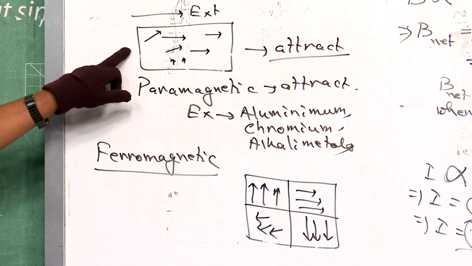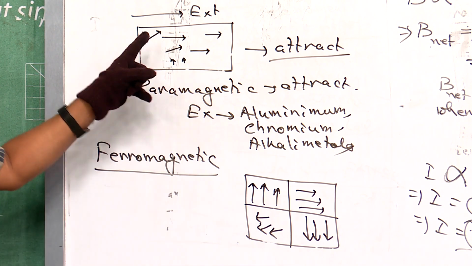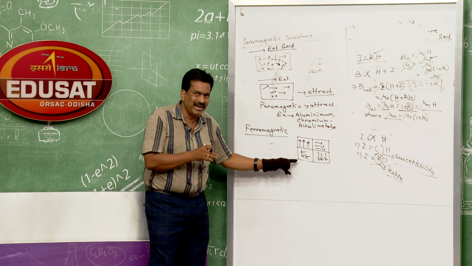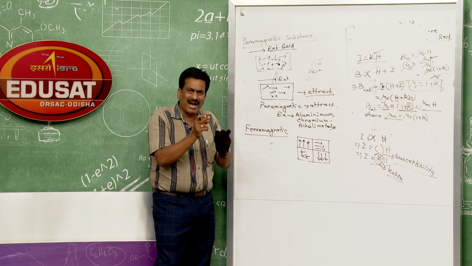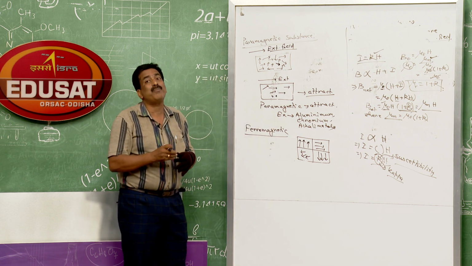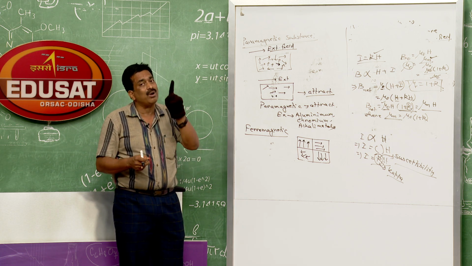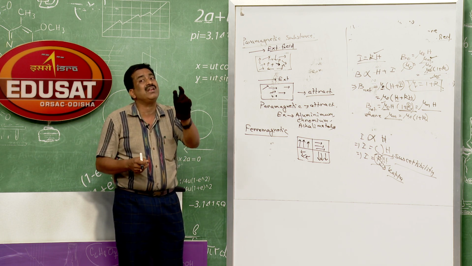For the paramagnetic, it also has dipole moments. But what is the difference between the paramagnetic and the ferromagnetic? In the ferromagnetic, the total dipole moments are divided into a number of sub portions having the same dipole moment direction, to be considered as a single unit.